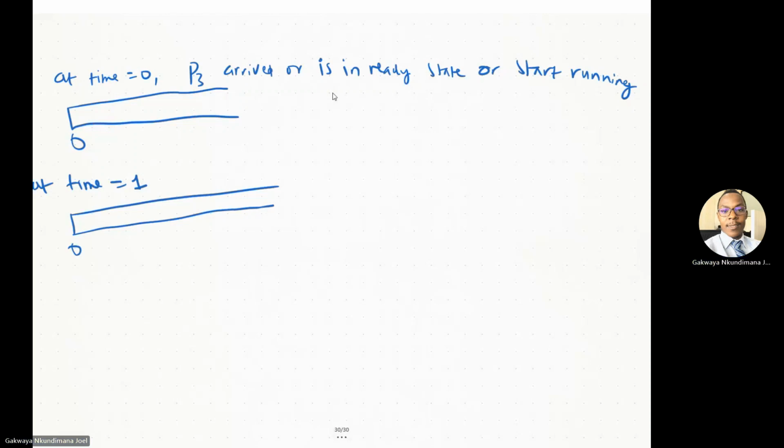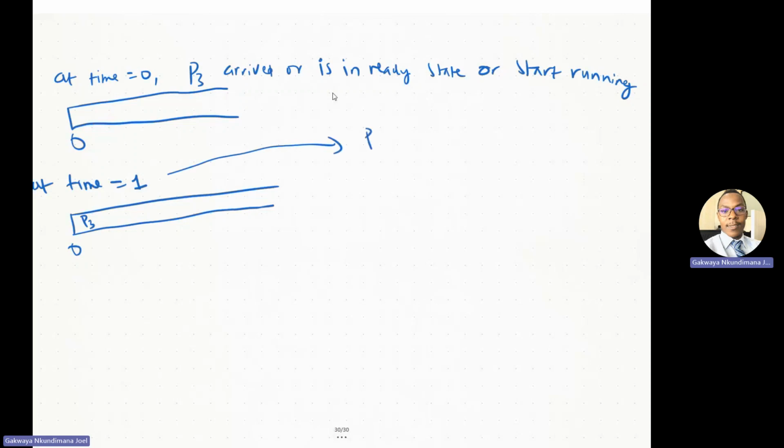Now, before we decide which process to start executing, we need to look at the arrival time and the burst time of the second process. Remember the previous table. The second one to arrive was P2, right?